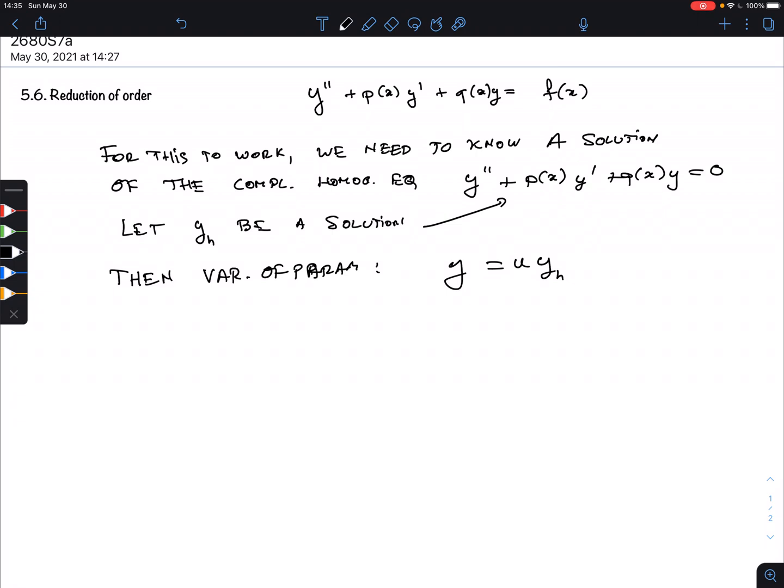This is exactly what we would do for linear first order, right? We took a homogeneous solution, one particular solution, and we multiplied it with some function that depends on x, the u, and then we looked for a particular solution.